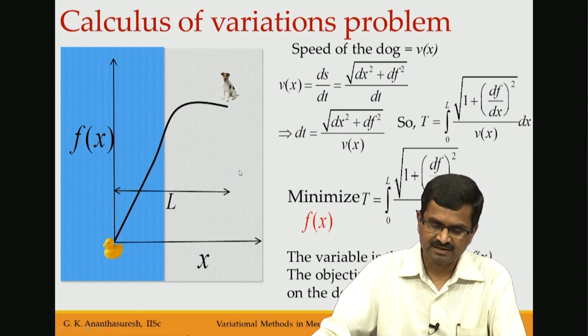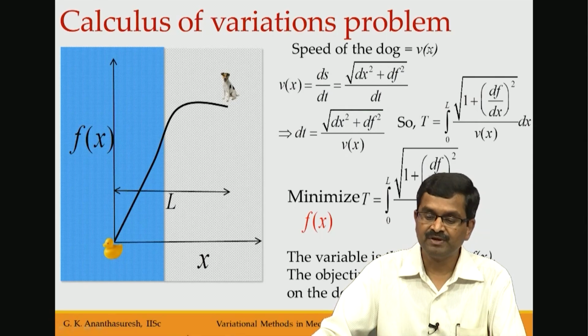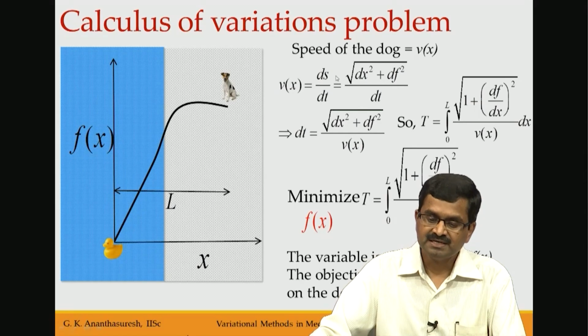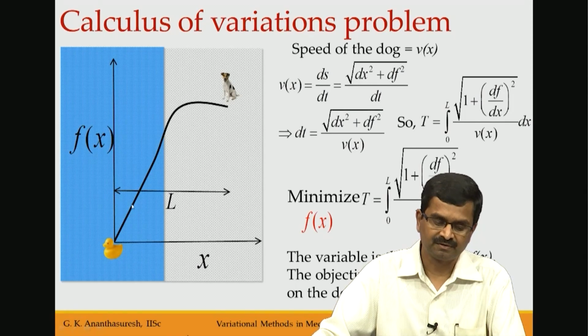There is some speed on the floor, some swimming speed in water, that V(x) is given. Let us say that V(x) is ds by dt, the speed. So, s is the variable that goes along the curve, this way or that way, ds by dt.